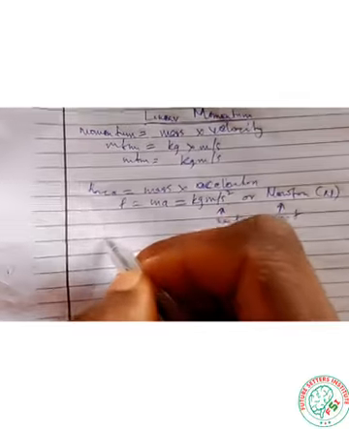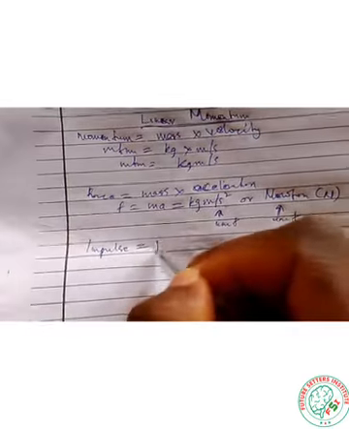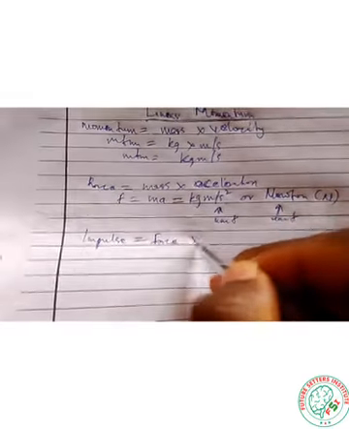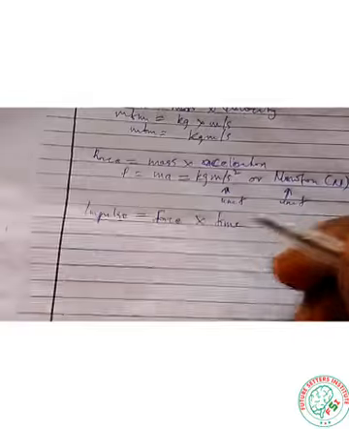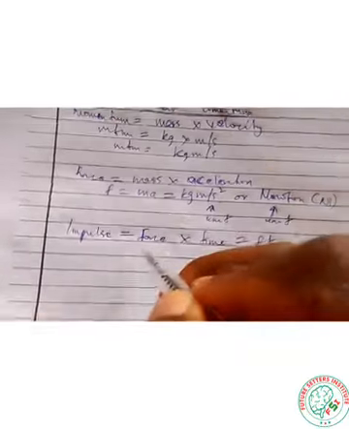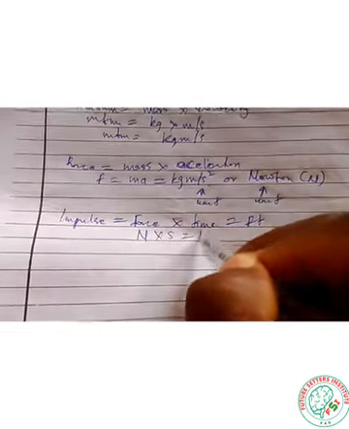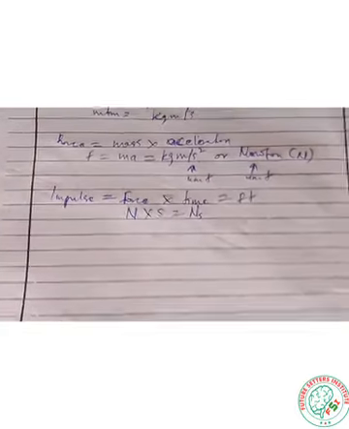Now, apart from momentum and force, we also have another quantity called impulse, which is the product of force and time, Ft. The unit of force is Newton and the unit of time is seconds, so the unit of impulse is Newton seconds.